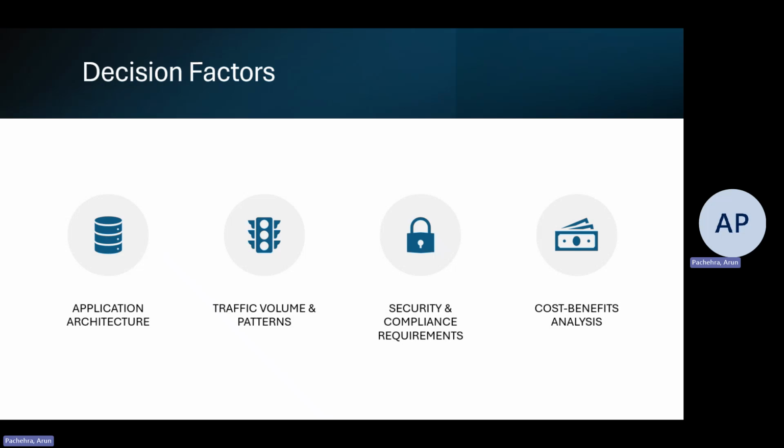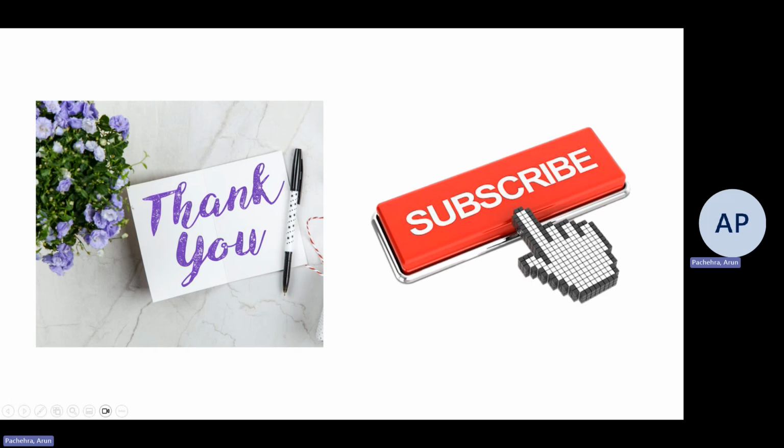And finally, whenever we talk about cost, because it is an OPEX model, cost is always a factor. So evaluate the cost implications of deploying and managing multiple app gateways versus the potential benefits of improved performance, security, and isolation. So in summary, the decision should be based on a careful analysis of your organization's specific requirements and constraints.